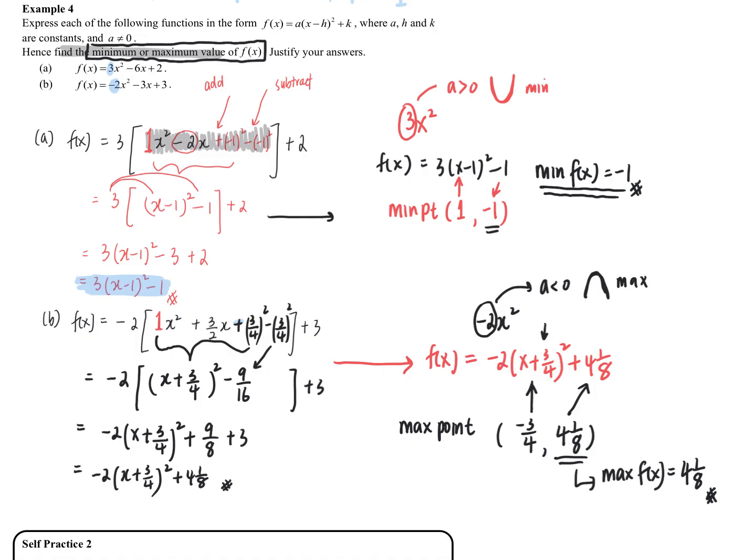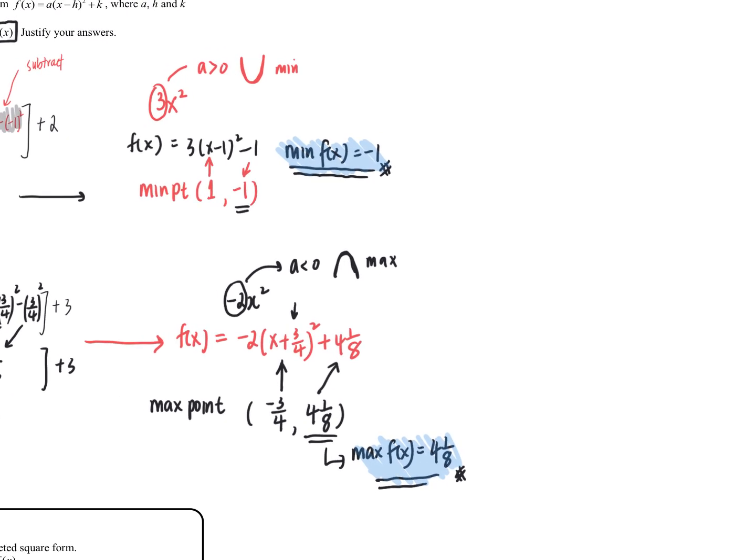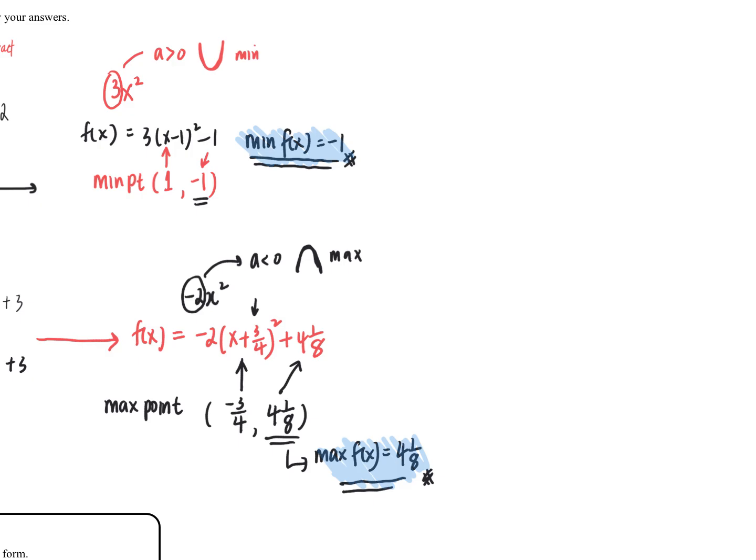Okay, so this is the maximum and the minimum value. The justification is this one. Okay, how do you justify it? You have to use the proving part. So let's prove that again.